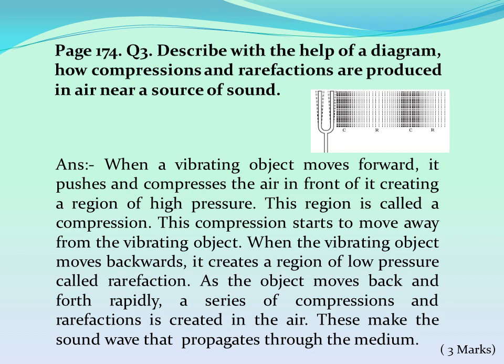This region is called compression. This compression starts to move away from the vibrating object. When the vibrating object moves backwards, it creates a region of low pressure called rarefaction. As the object moves back and forth rapidly, a series of compressions and rarefactions is created in the air. These make the sound wave that propagates through the medium.